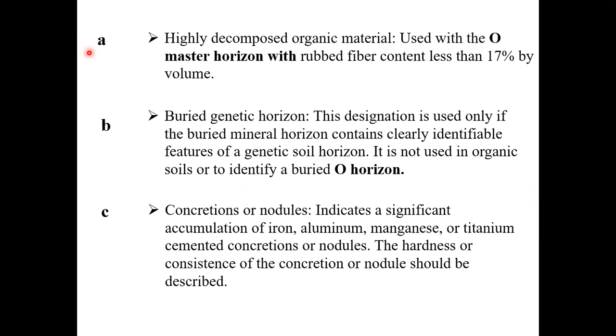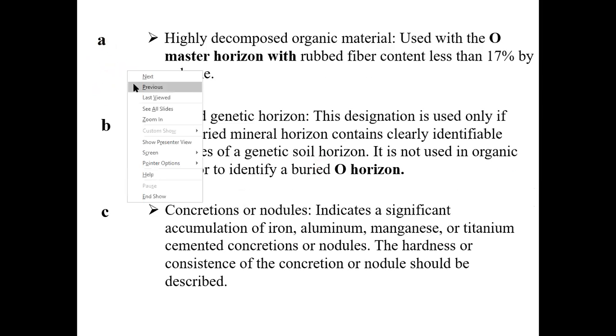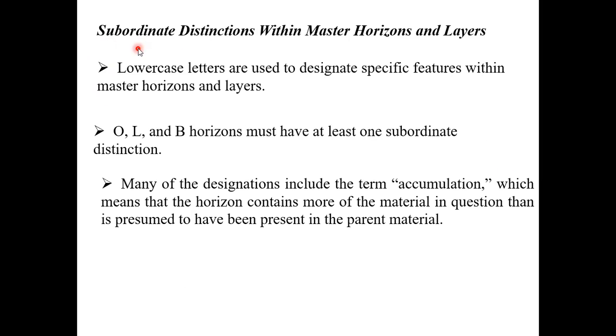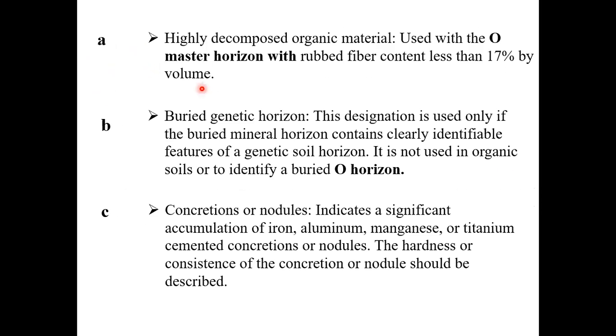For example, Bh: master horizon B, and this is the subordinate designation. So like that. Where you can see, students, Oa. I hope if you see my previous lectures, Oa means highly decomposed material. If you mention this a in any master horizon, you can see highly decomposed material.